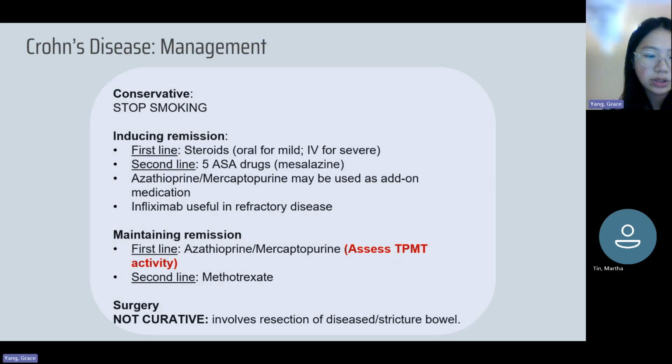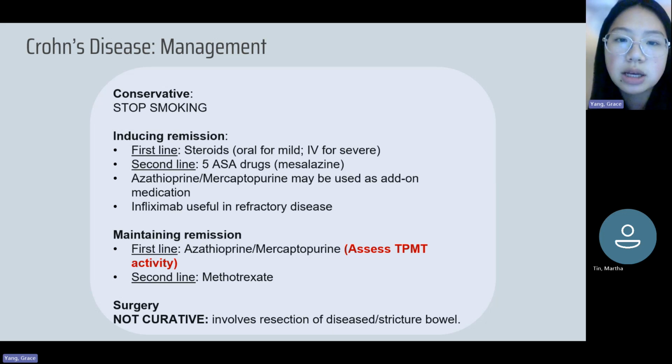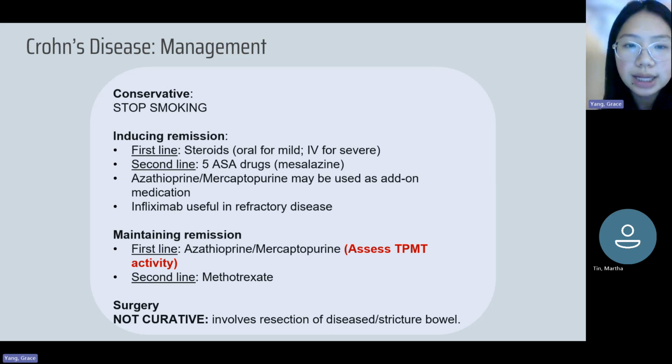So how would we manage someone with Crohn's disease? You'd advise them to stop smoking because smoking makes it worse. To induce remission, you'd give them steroids because it's an inflammatory disease. And second line, you give them 5-ASA drugs, such as mesalazine, and that stands for aminosalicylic acid.